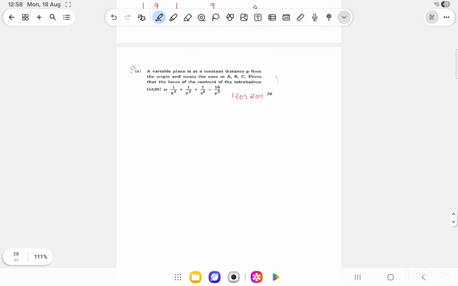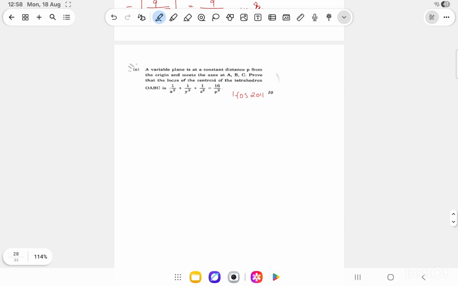This question is again similar to the one which we have discussed. We are supposed to prove the locus of centroid of tetrahedron OABC. Let us see what the question says. A variable plane is at constant distance p from origin. So let us assume the variable plane as x by a plus y by b plus z by c equals 1.